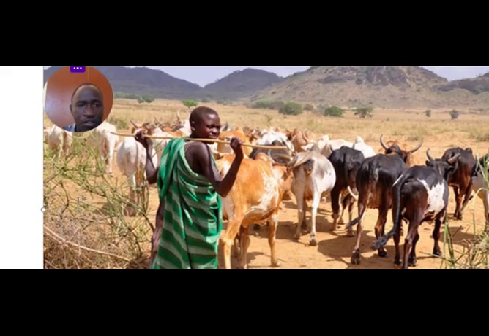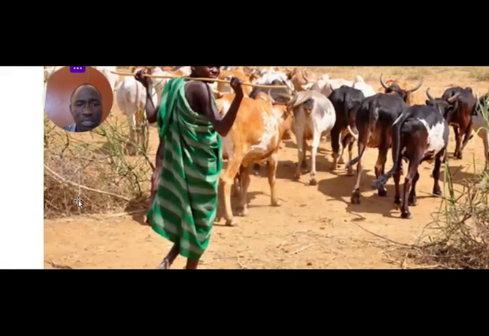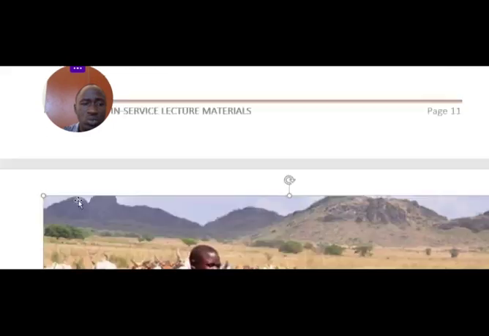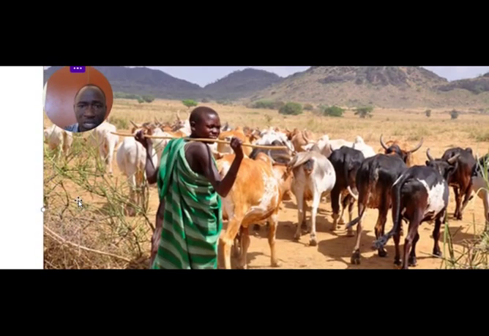If you look at that photograph below, it displays someone rearing animals. But when you look above there, in the background, it is trying to show the landscape.